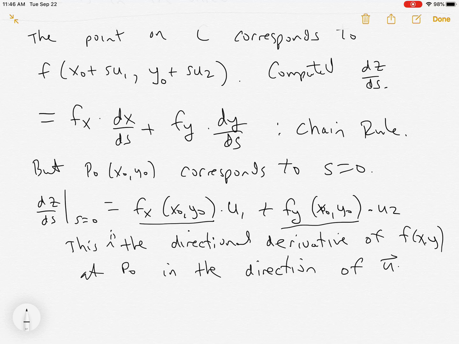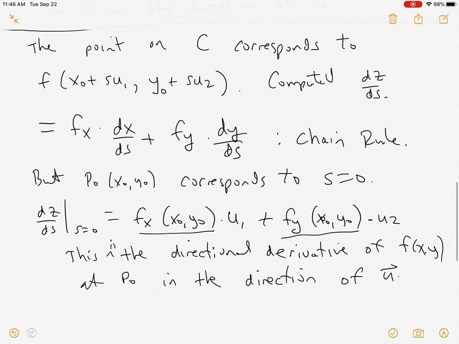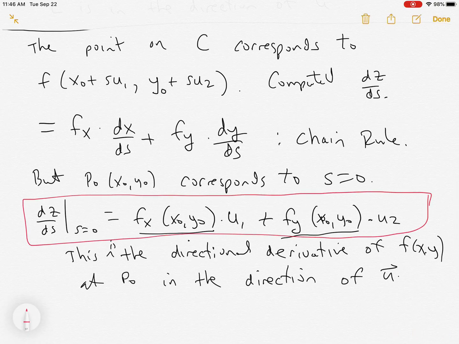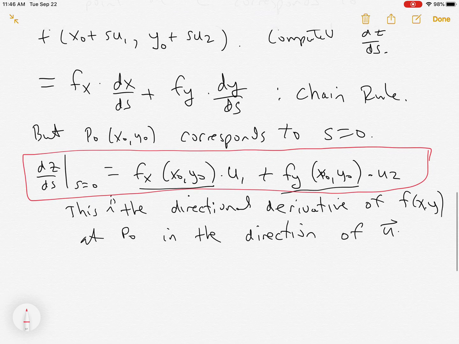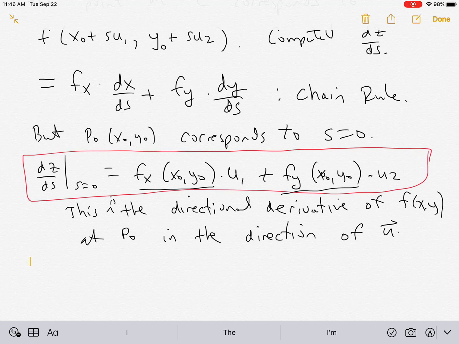Okay, so let's get some color in here. This is it. So this is the definition of the directional derivative. A lot of D's in there. And you can write it a couple of ways.